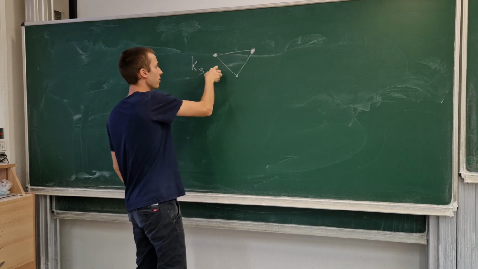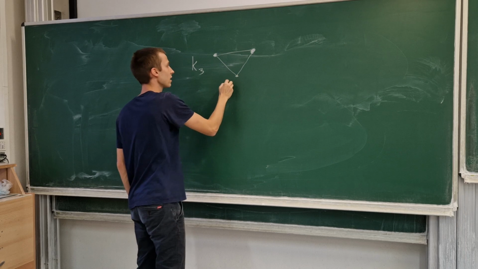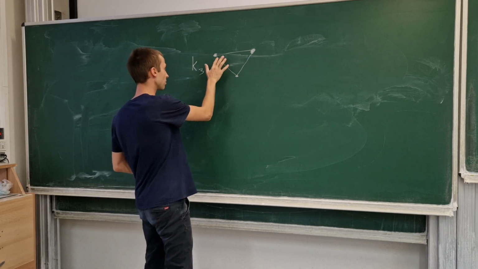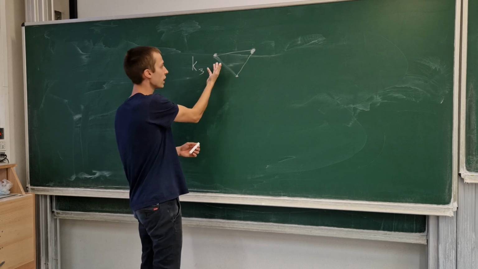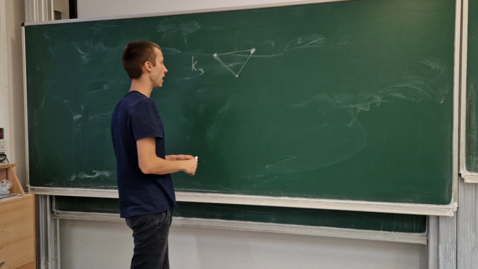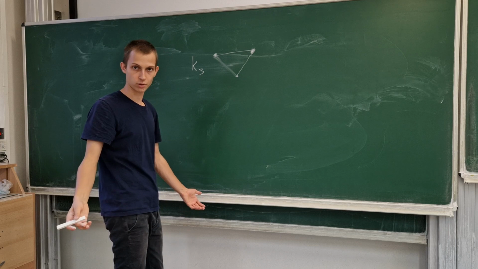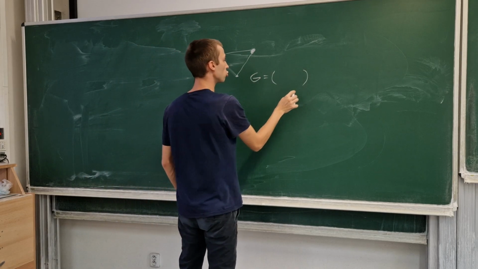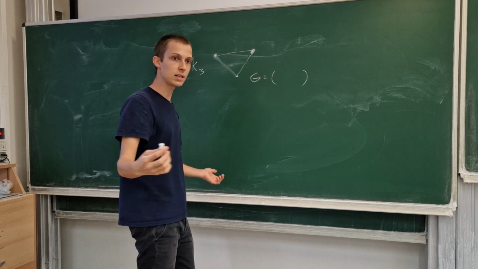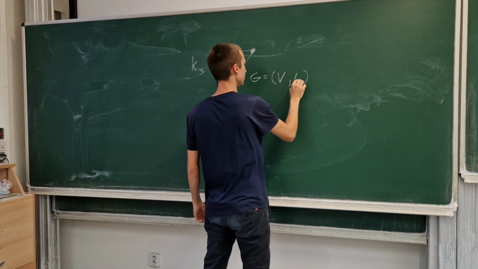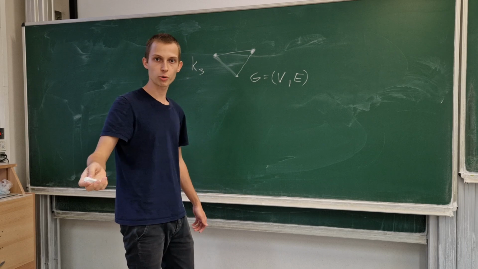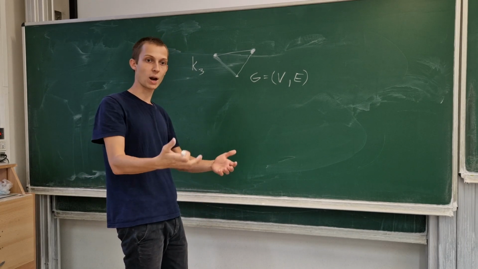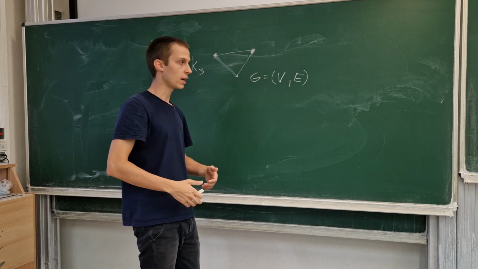So this is a graph: the points, the endpoints, are vertices, and what connects them are edges. Now, either the points can be connected by an edge, or the edge can be not there. And if it's not there, then there is no such edge. Each graph is going to be given by 2 parameters, namely V and E. If I want to be more concrete, when we're working with more graphs at the same time, we also want to mention which graph we're talking about the V of and the E of.